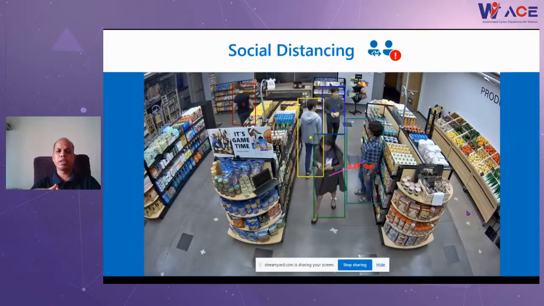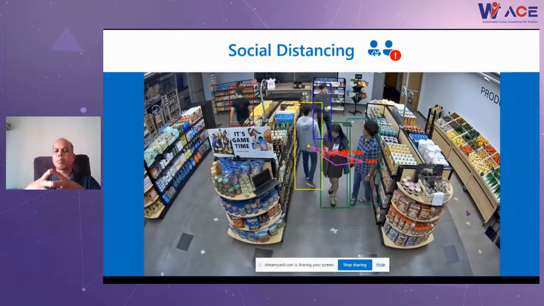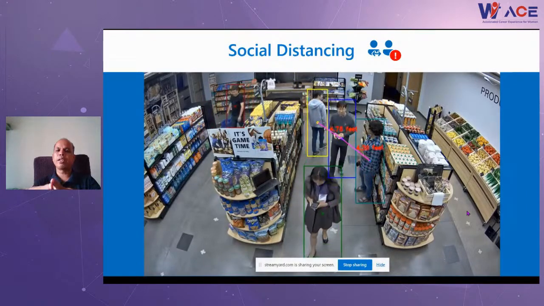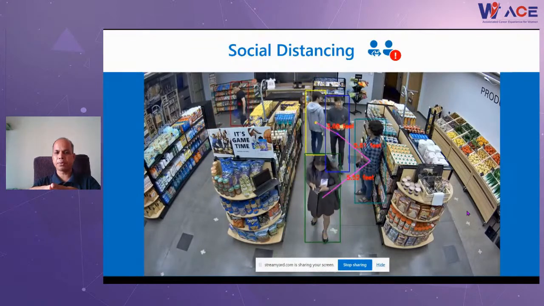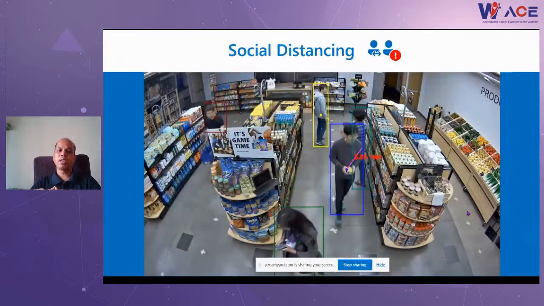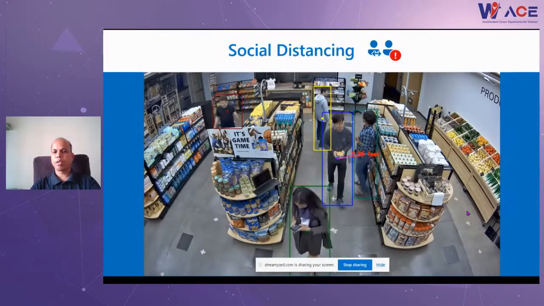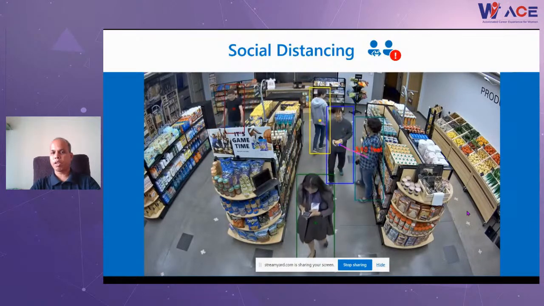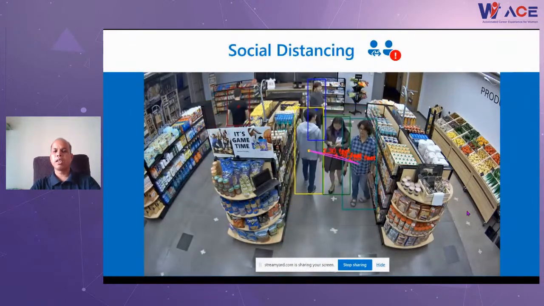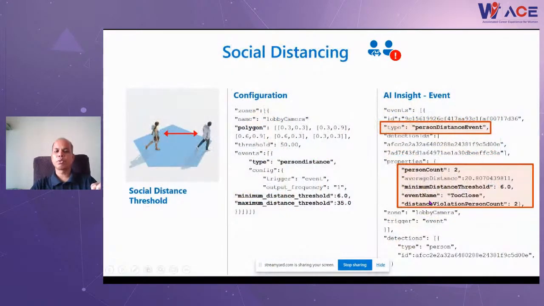Someone is picking up something, someone is not, but how will I determine that my store is safe, and that people entering are maintaining a safe distance among themselves? This is another area where we can look into video recordings or CCTV footage. We can find out on the fly, in real time, how much distance people are maintaining, and you can see it shows how much distance they have maintained.